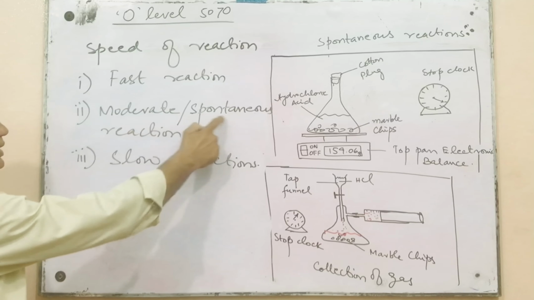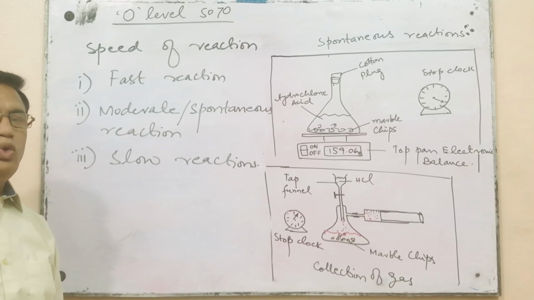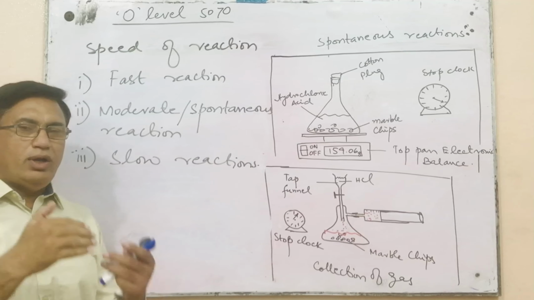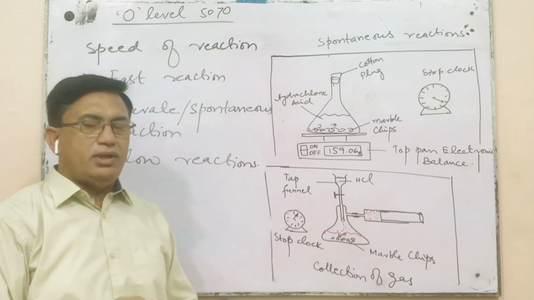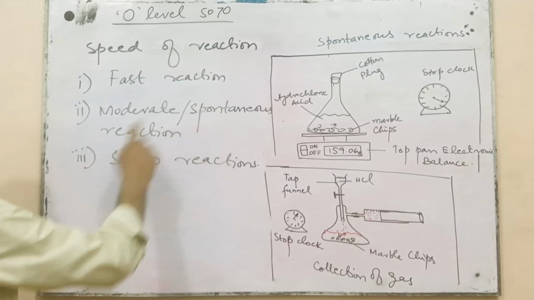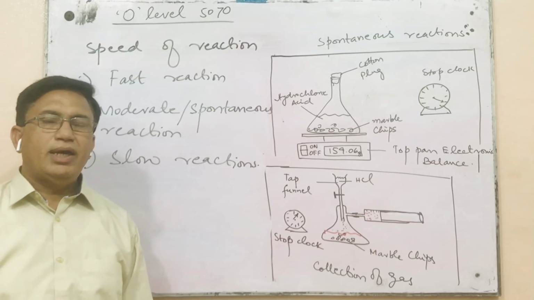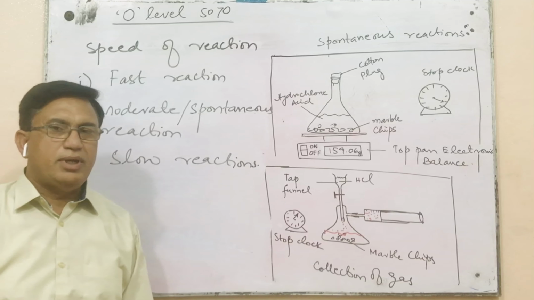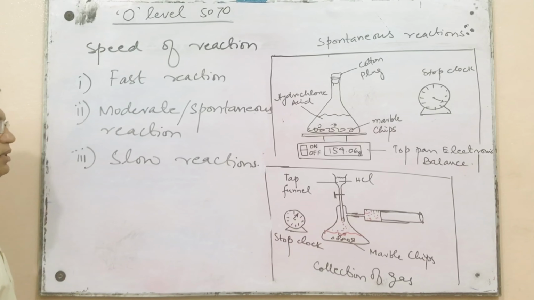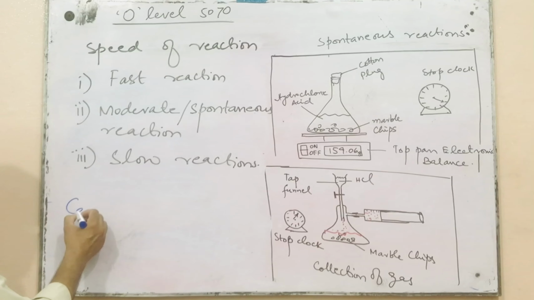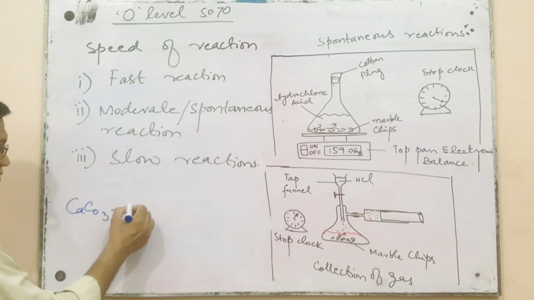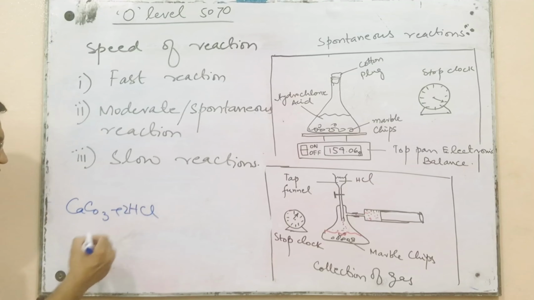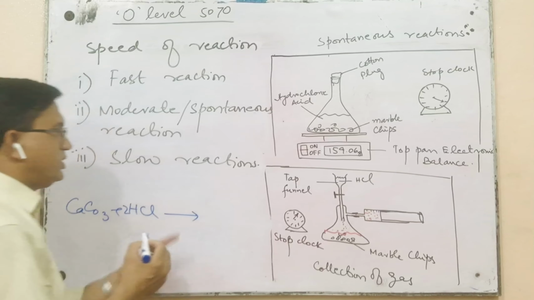The second are moderate or spontaneous reactions. Those reactions which move with a little bit slow speed. In case of moderate and spontaneous reactions, we can easily measure their rate of change with respect to time. For example, if we react calcium carbonate with HCl, whenever we combine both of these substances, a spontaneous reaction takes place.